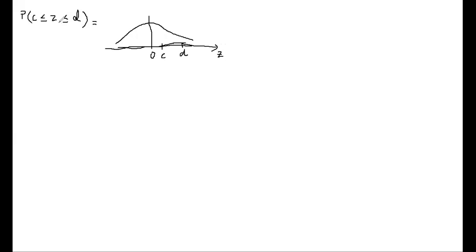So the probability that Z value lies between C and D will be given by the area under the curve between the ordinates at C and D. That means this area under the curve, whichever is given to you in your problem, this area will be the value of this required probability. The area under this curve between the ordinates at C and D is the value of the probability that Z lies between C and D. Okay.